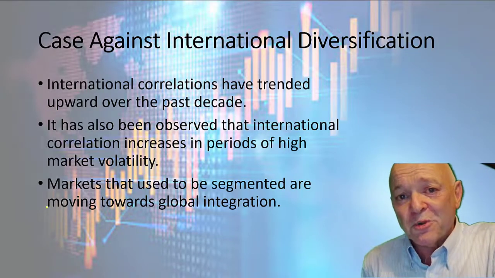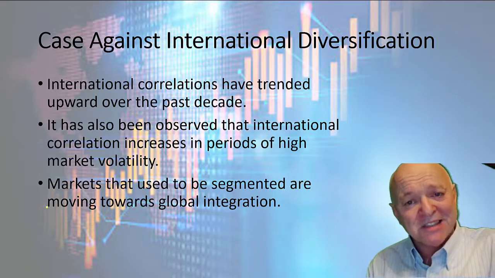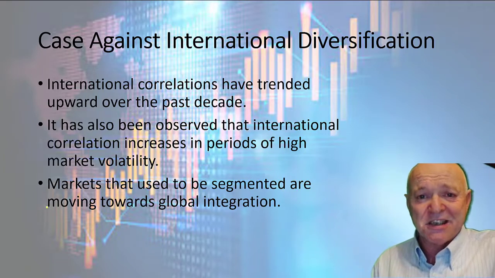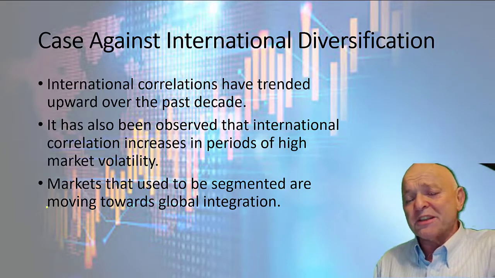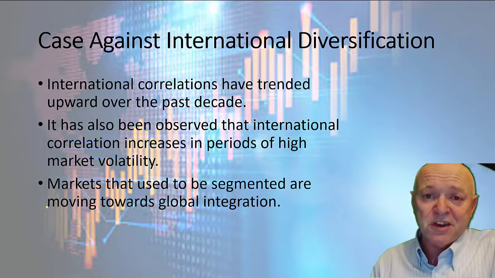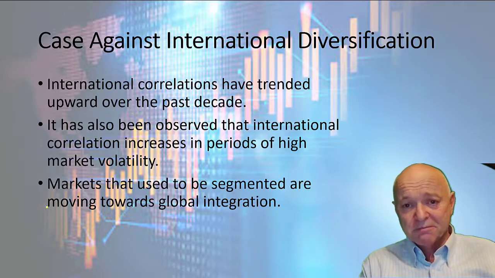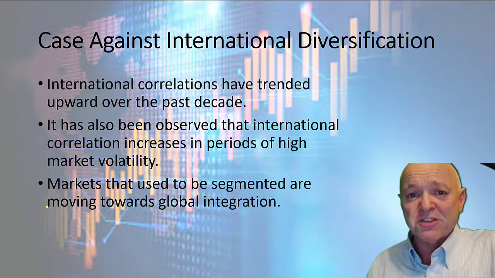Of course, we can see that international diversification was a fantastic thing to do in the 1960s and 70s and 80s. Right through until the end of the 1980s, there was very little contagion of things that would affect one market. An oil crisis could affect the United States and not affect the rest of the world.